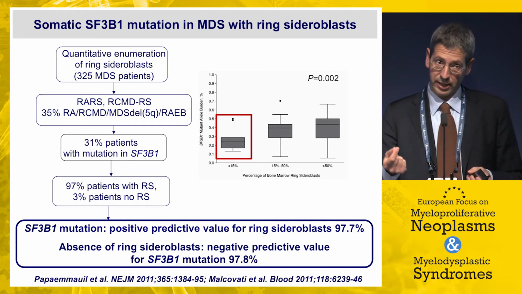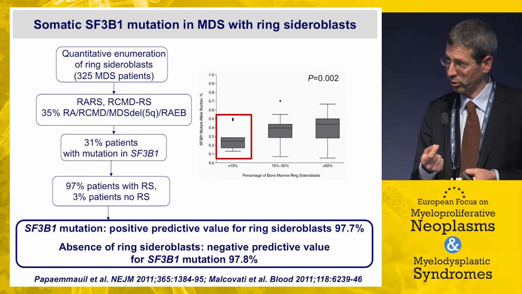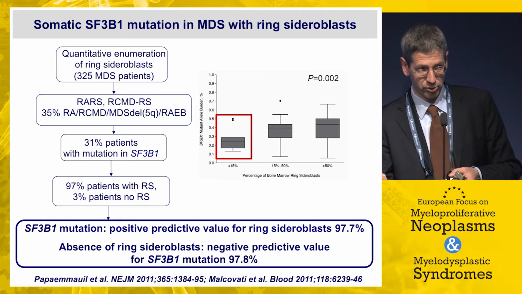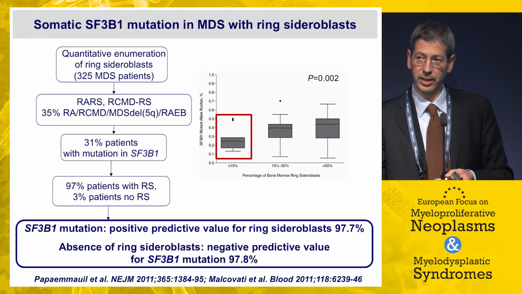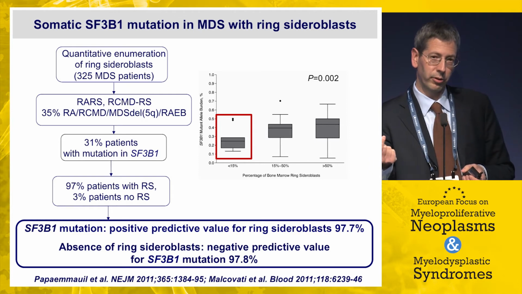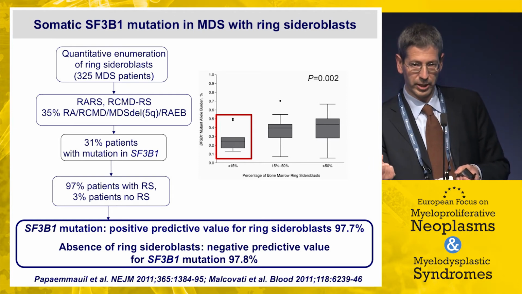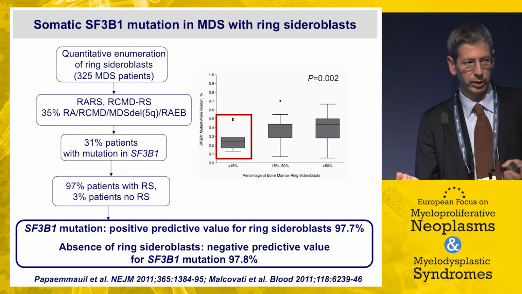In addition, as you know, the WHO classification first introduced a threshold of 15% of ring sideroblasts to classify an MDS within a sideroblastic category. But other MDS classified as refractory anemia or refractory cytopenia with multilineage dysplasia may show a percentage of ring sideroblasts between 1 and 14%.